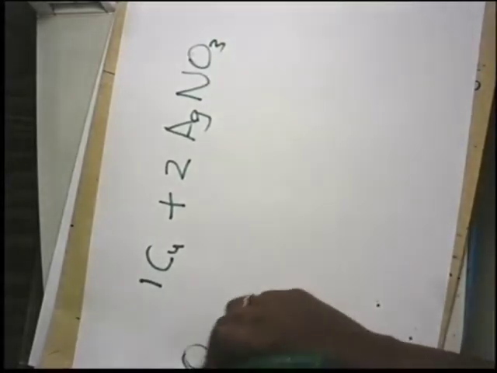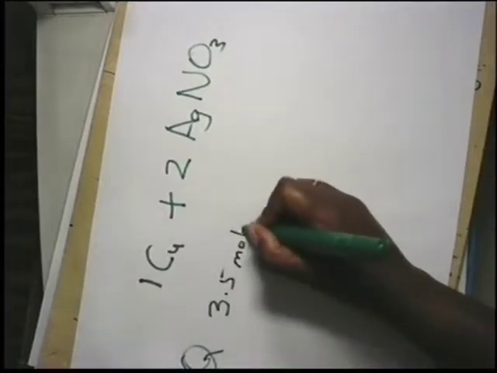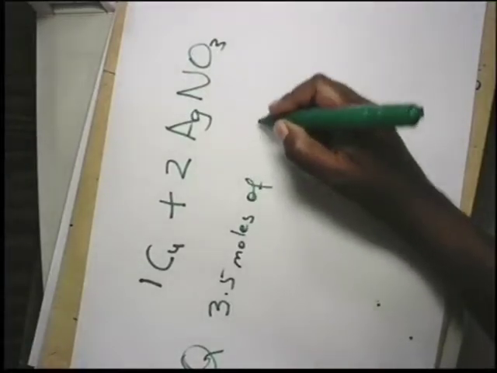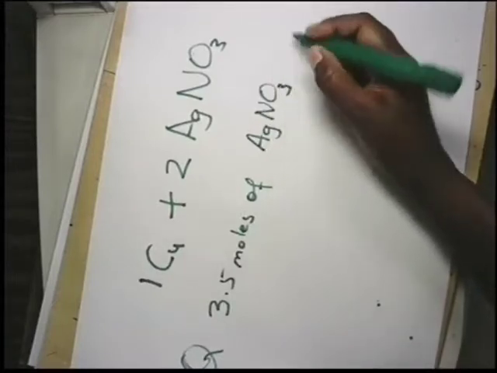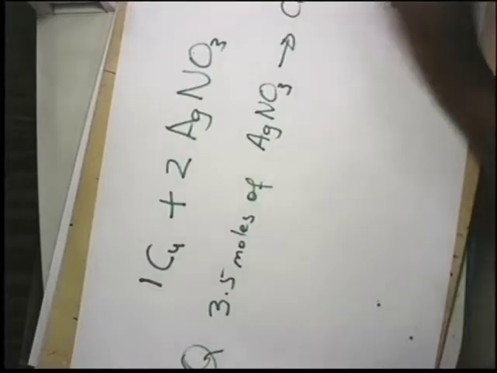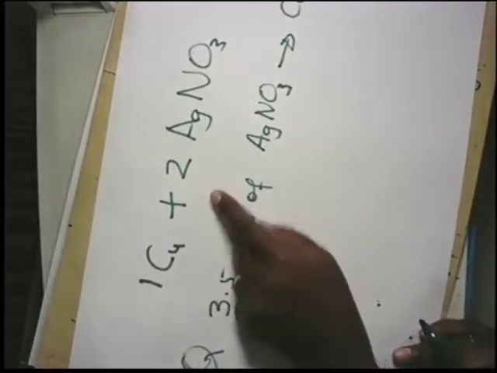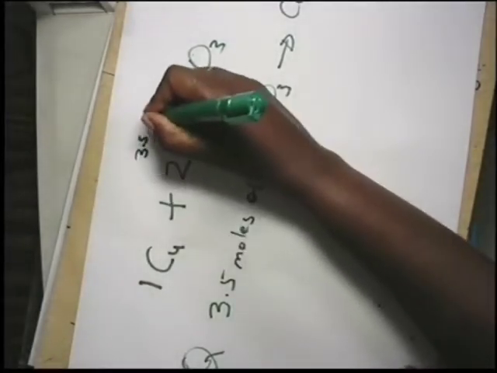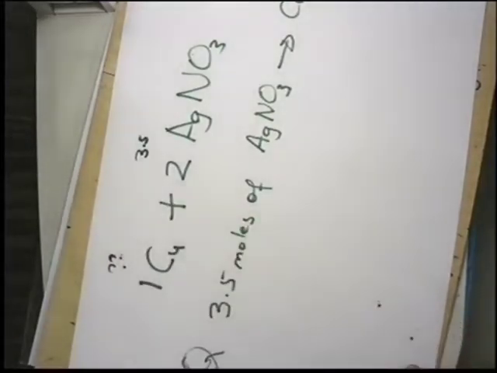And the question is asking, if you have 3.5 moles of silver nitrate, we'll need how many moles of copper? Here we see 1 mole of copper reacts with 2 moles of silver nitrate. Suppose here we have 3.5 moles of silver nitrate. So how many moles of copper will we need here?